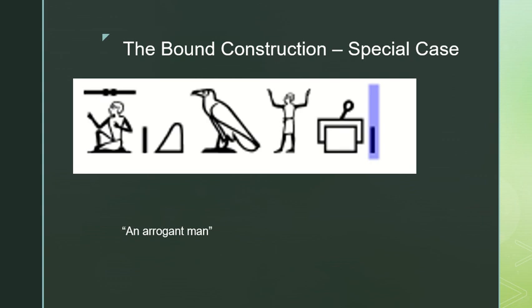And so ka sa together means haughty. That's the sense of it. So this is a haughty man. That whole thing is basically functioning as an adjective, but you can also parse it as a bound construction. So a man of arrogance effectively is what this is, or an arrogant man in better English.